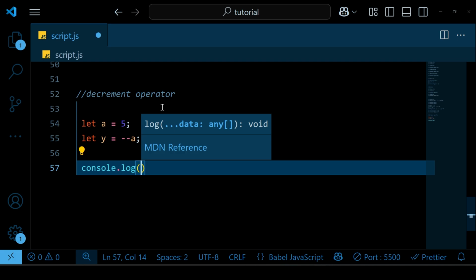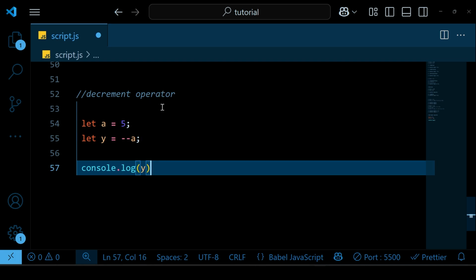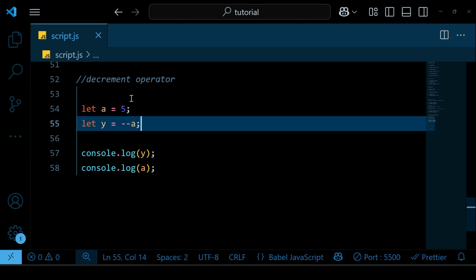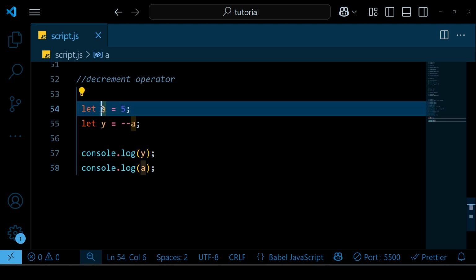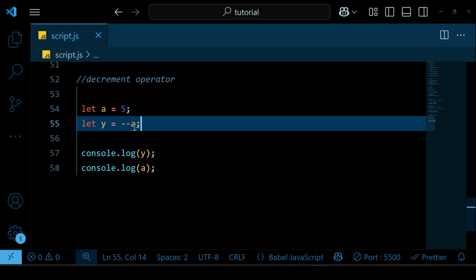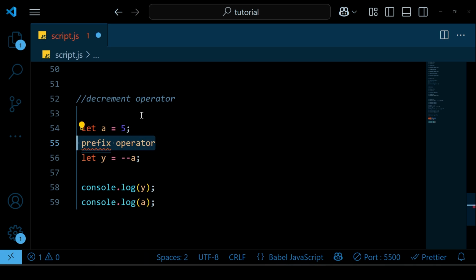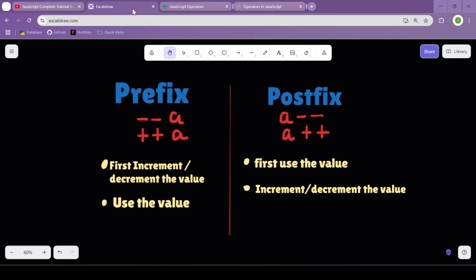If I try to have the value of both, just try to guess the output. Here a is equal to 5, and we have the prefix. The prefix says first increment or decrement the value.